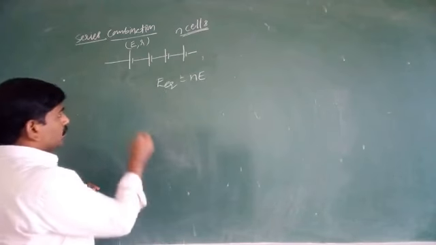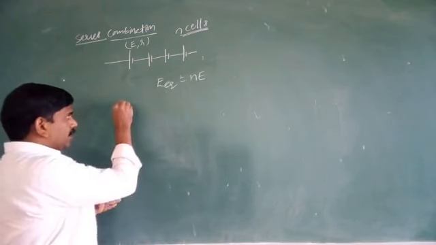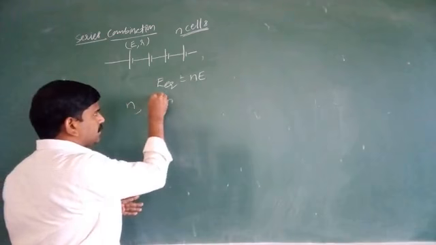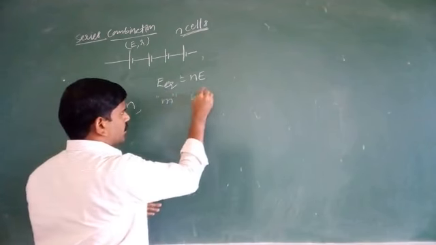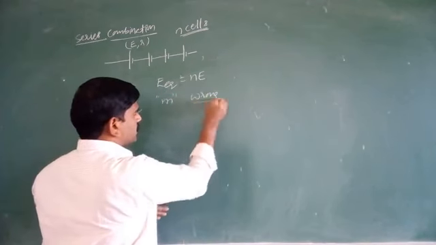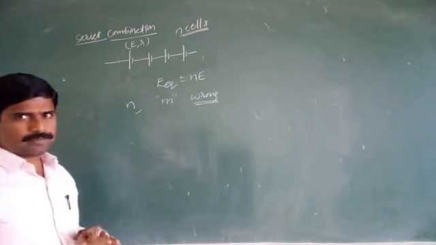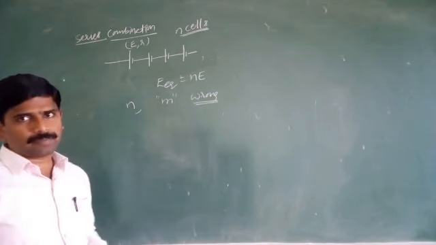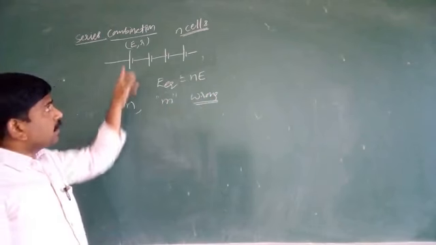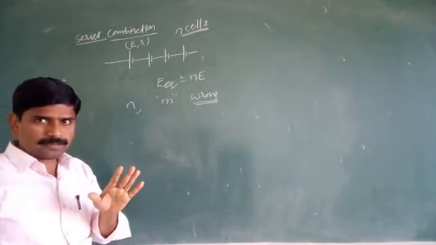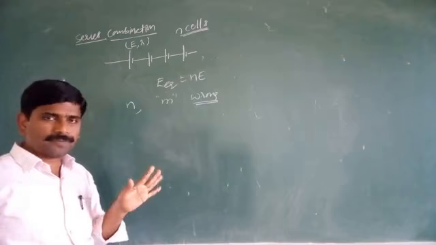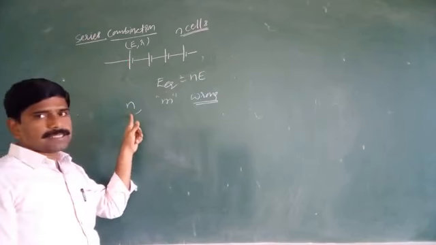But in case by mistake, in N cells, M cells are connected wrongly, then what is the equivalent EMF? E is the EMF of the cell. Such type of N cells are there.